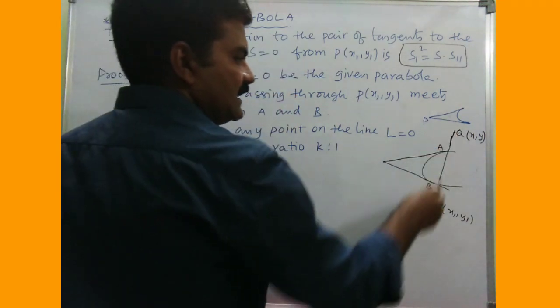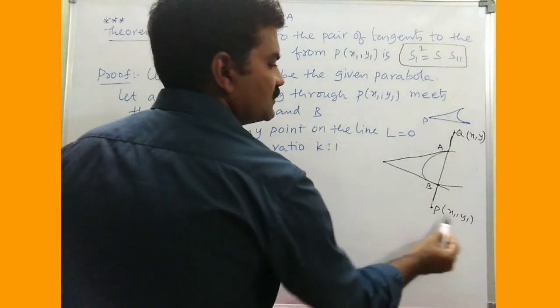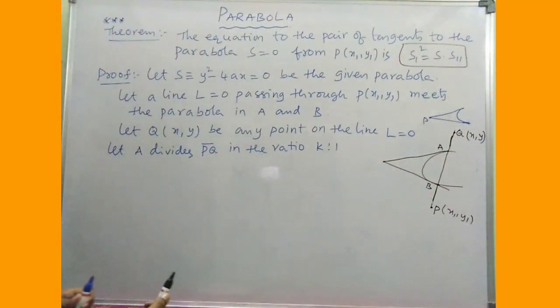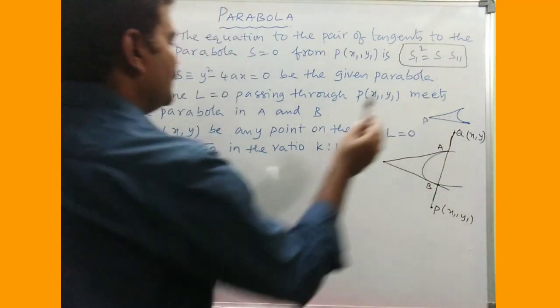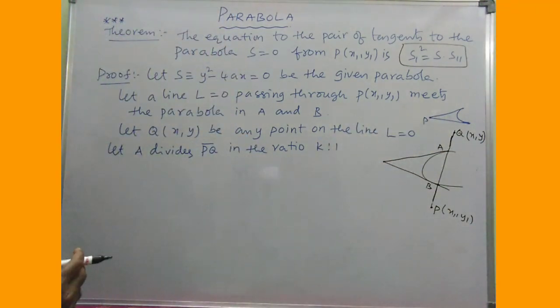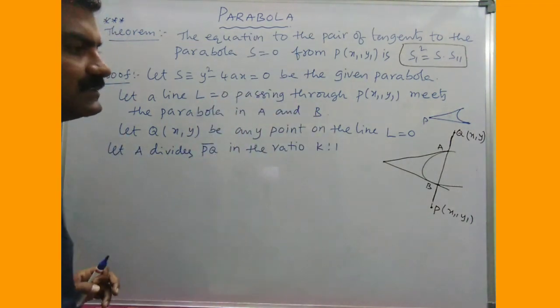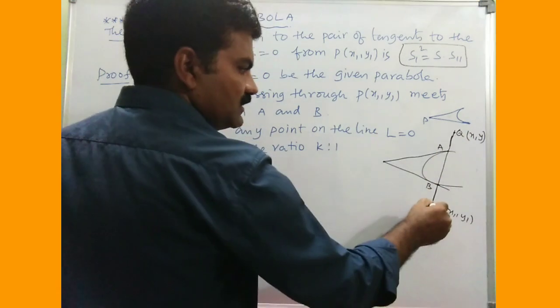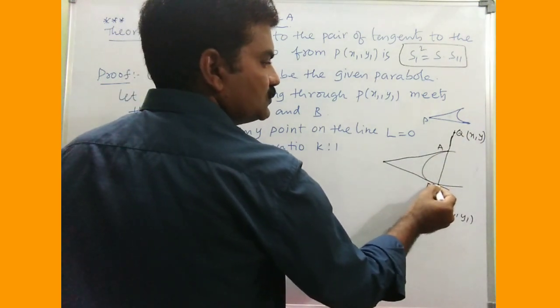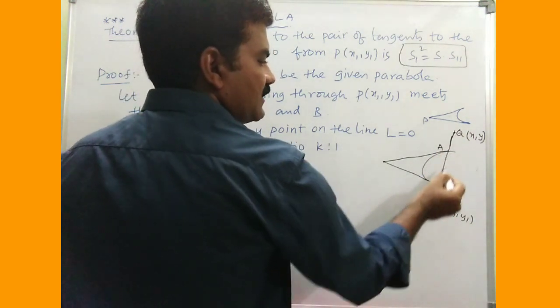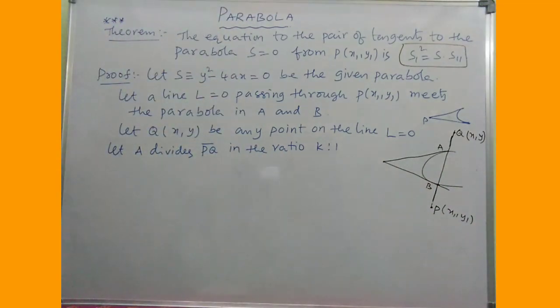So this is the line L equals 0 which is passing through the point P(x1, y1), and this meets the parabola in 2 points, say capital A and capital B. The line PQ meets the parabola at 2 points, say capital A and capital B.